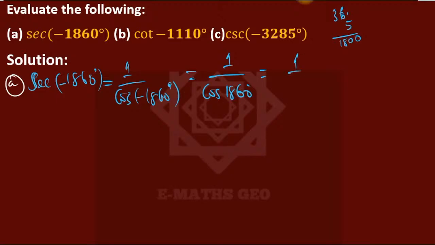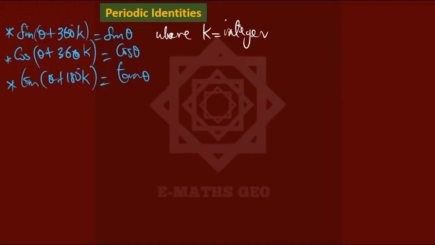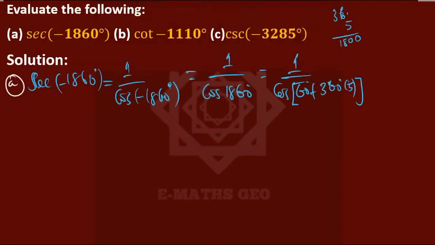So meaning I can write this as cos of 60 degrees plus 360 times 5, using our periodic identity. Using this, I've split the larger angle into theta plus 360 degrees times k. So that's the advantage of this periodic identity. So this is just equivalent to cos 60. And cos 60 is half, so 1 over a half is 2. So if you use your calculator, that's exactly what you get.